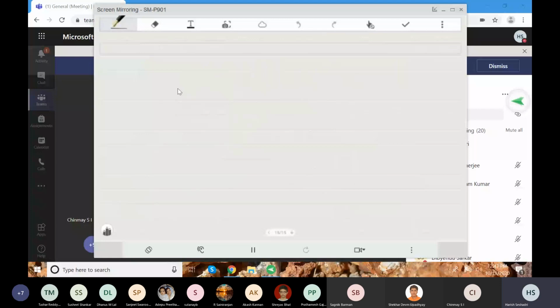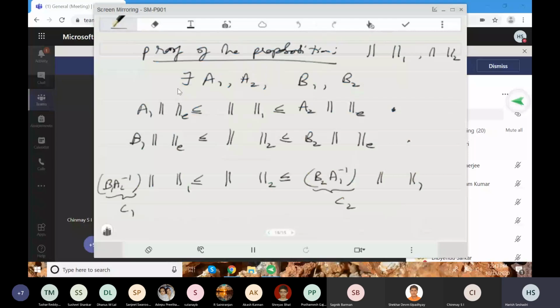And the moment you have this, the corresponding inequality for the distance functions will immediately follow. After all, the distance function d(x,y) is just the norm of x minus y.